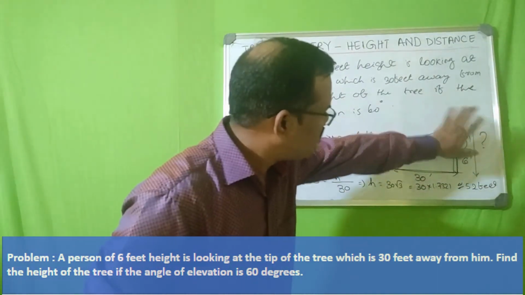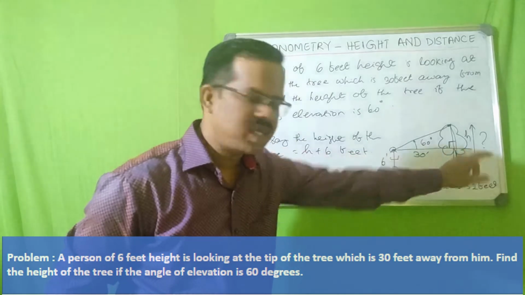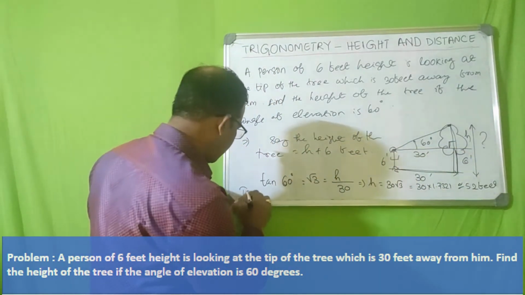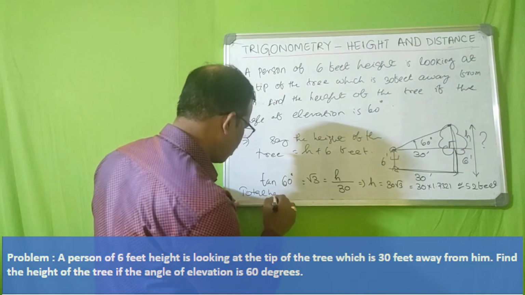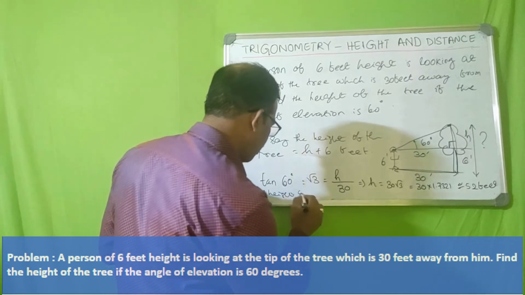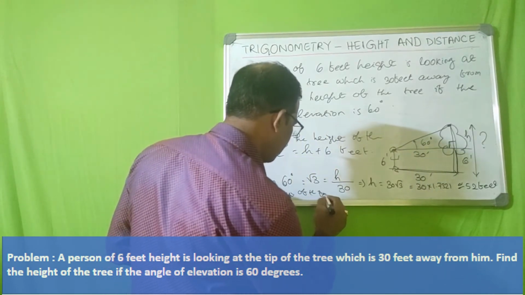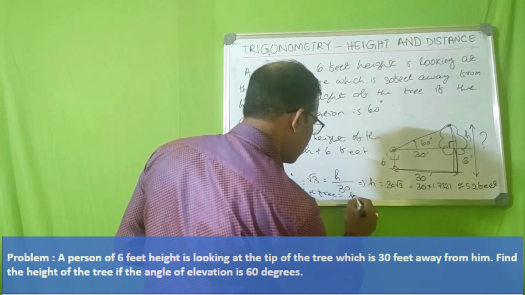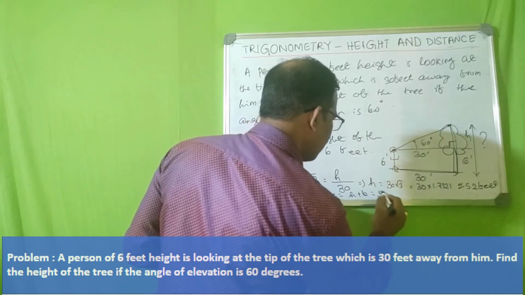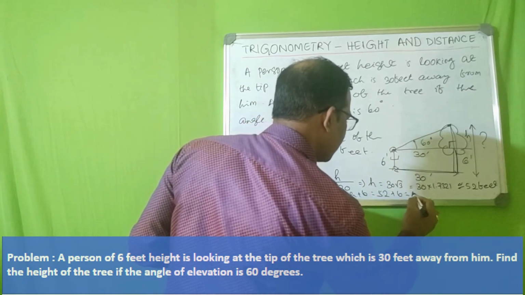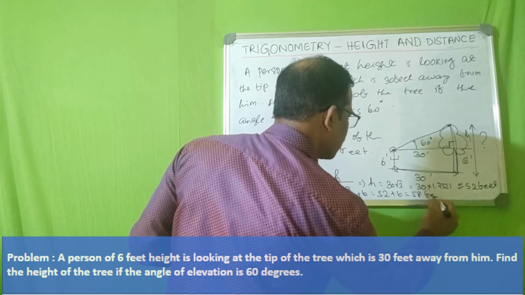So this portion is 52 feet and the bottom portion is 6 feet. So the total height of the tree will be h plus 6, which is equal to 52 feet plus 6 feet, which is 58 feet. So this will be your answer.